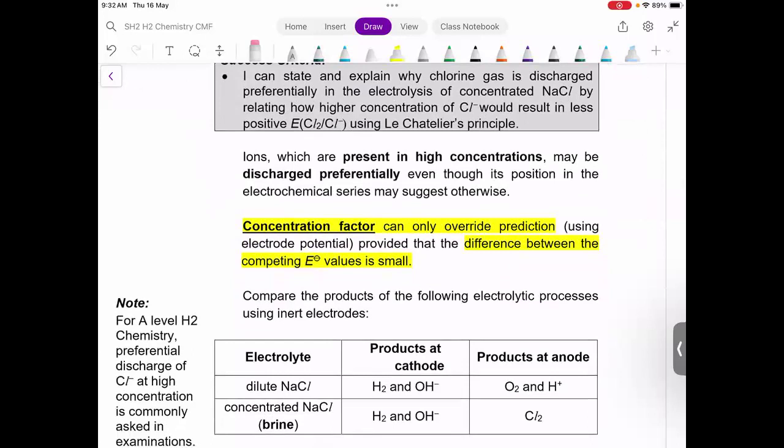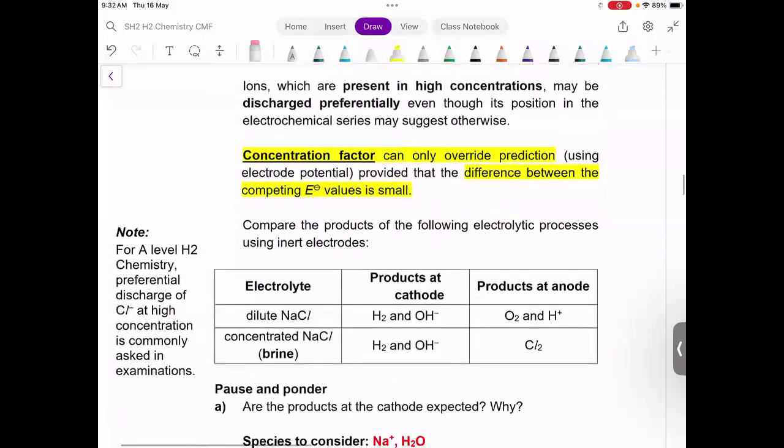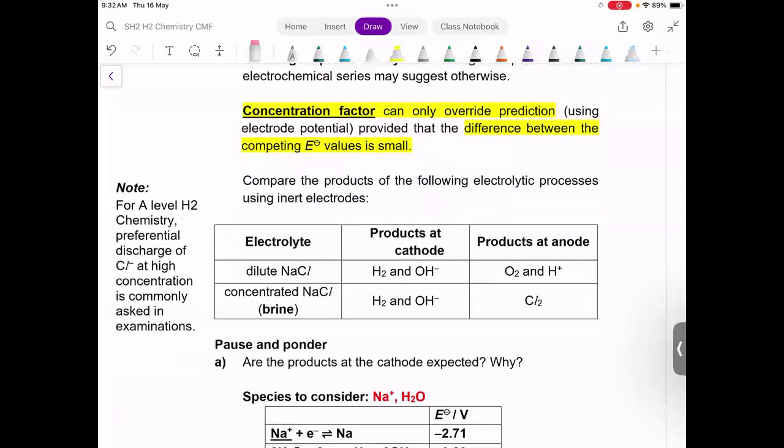In your syllabus, you need to recognize that when I replace a dilute sodium chloride solution with brine, what is brine? Brine is highly concentrated sodium chloride solution. When I replace it with brine, it can actually cause the E naught value of chloride to change, and it will become the one that is preferentially discharged.